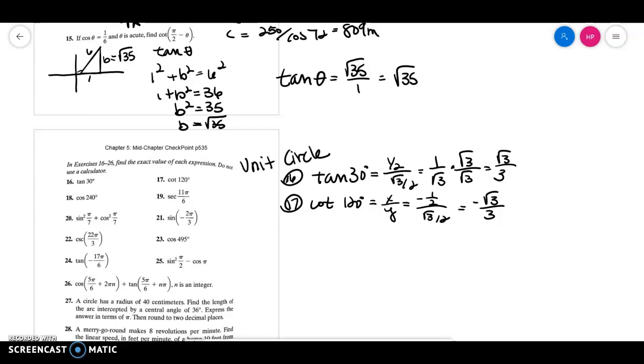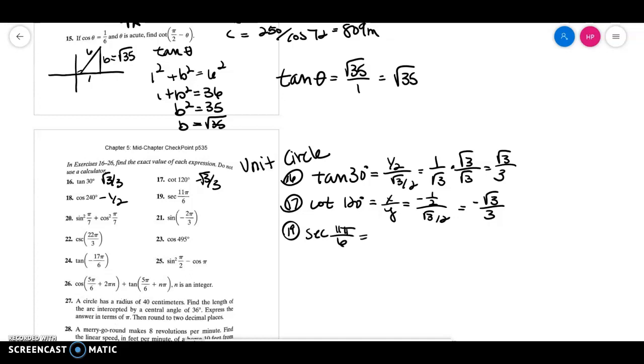The cosine at 240 degrees is a little bit easier. That's just right on my circle at -1/2. And then the secant is 1 over the cosine at 11 pi over 6. And at 11 pi over 6, I'm looking at the square root of 3 over 2.